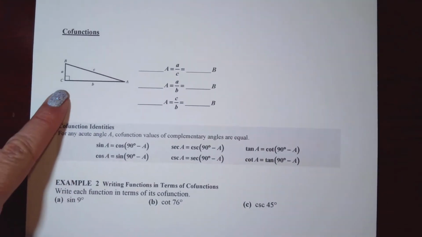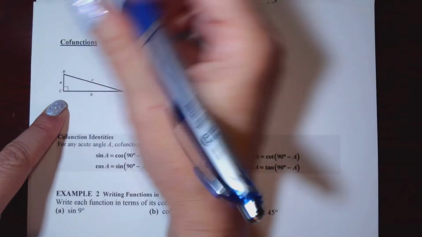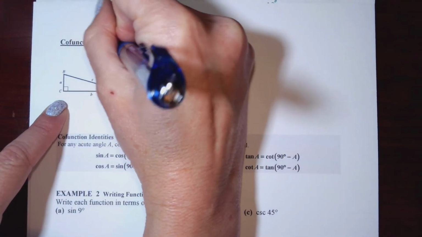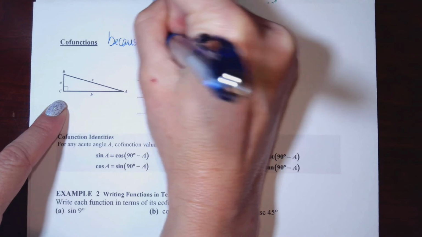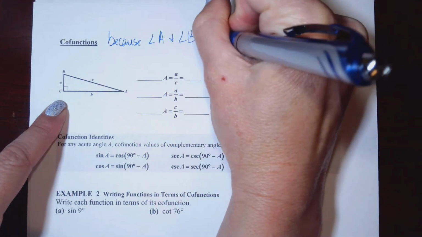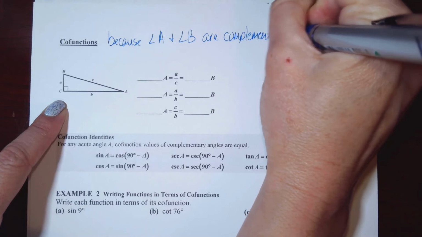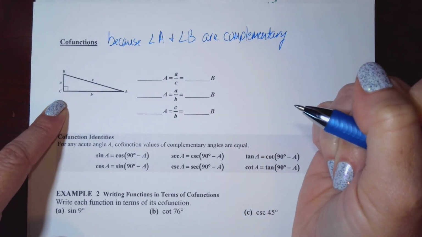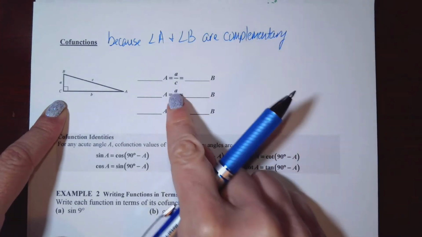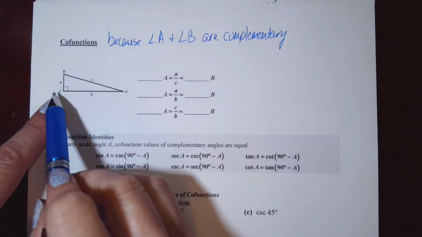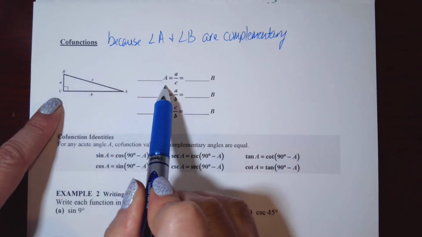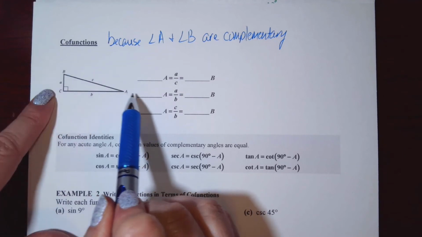Because we have a right triangle, we know that angle A and angle B are complementary angles. Their sum is 90 degrees. Then I know that, for example, A over C, if I'm referencing angle A, side A is opposite.